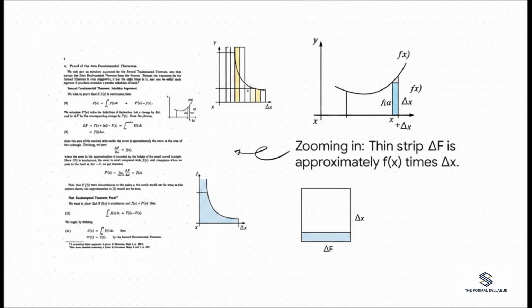The width of this rectangle is our tiny step forward, delta x. And the height? Well, it's just the height of the curve right at that specific point, which is our original function, little f of x. So geometrically speaking, the tiny change in area, delta F, is roughly equal to the height, f of x, multiplied by the width, delta x.